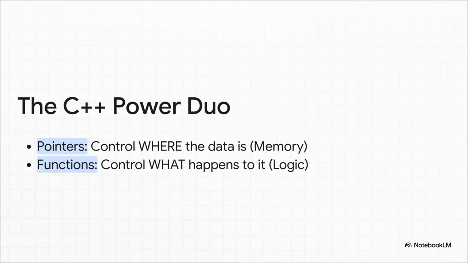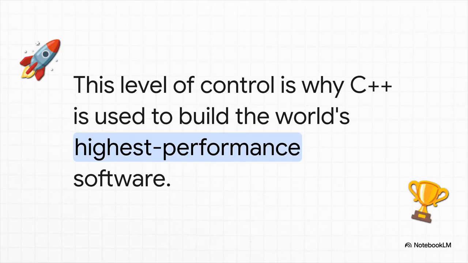So let's just recap our C++ power couple real quick. Pointers give you control over where the data lives in memory. Functions give you control over what happens to that data. It's that one-two punch that makes them so incredibly powerful. And let's bring this full circle, back to our very first question.